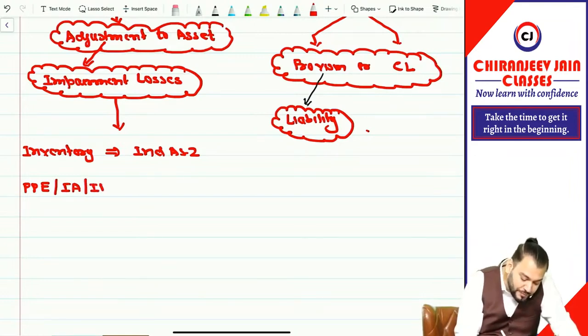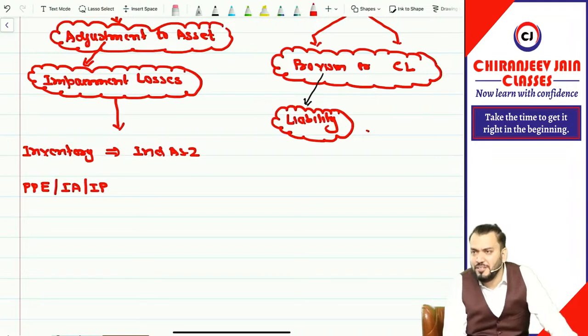IP means investment property. If you don't know, write down the full form: property, plant and equipment, intangible asset, investment property.